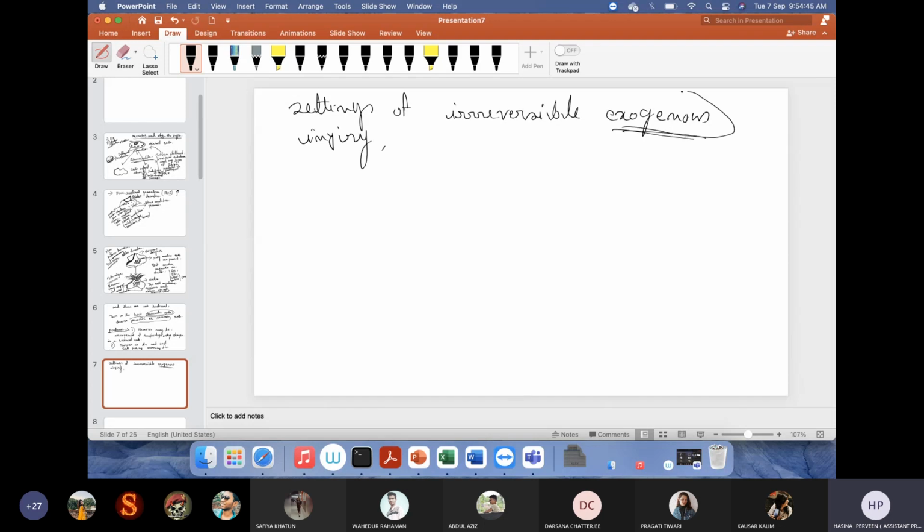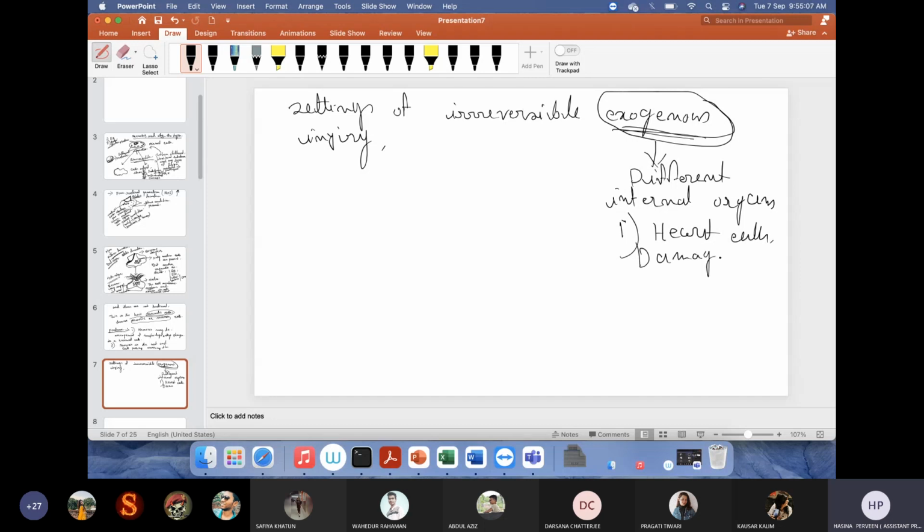Exogenous injury means different internal organs, like heart cells damage, liver, kidney cells deteriorate.